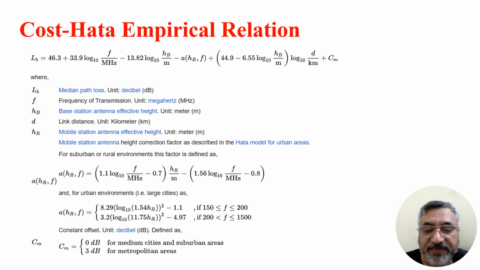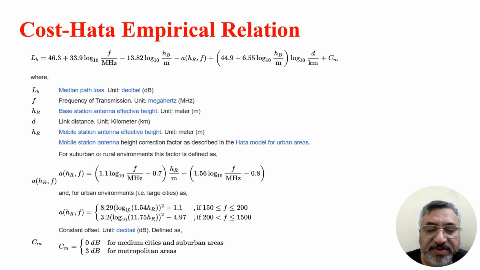For 150 to 200 megahertz, he defined A as 8.29 (log 1.54 HR) squared minus 1.1. While for 200 to 1500 megahertz, he defined A as 3.2 (log 11.75 HR) squared minus 4.97.